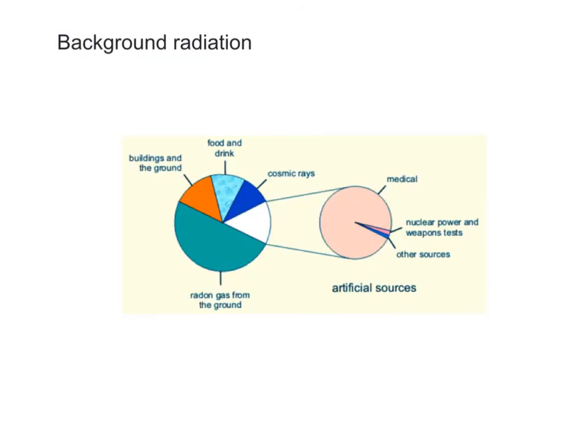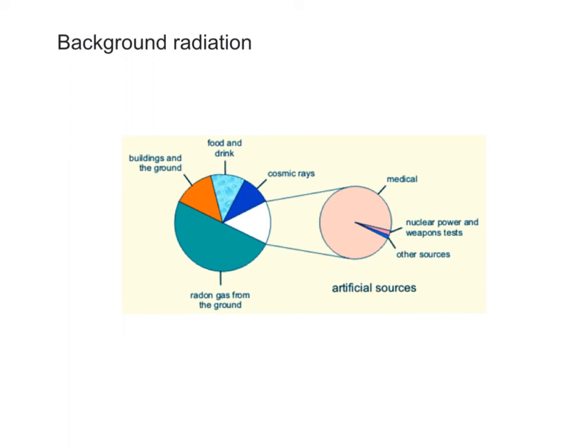Background radiation is radioactive radiation that's around us all the time. This comes mainly from radon gas in the ground, trapped in granite, buildings and the ground. Of course, we dig up uranium, and food and drink also is grown in the ground or stored in the ground.